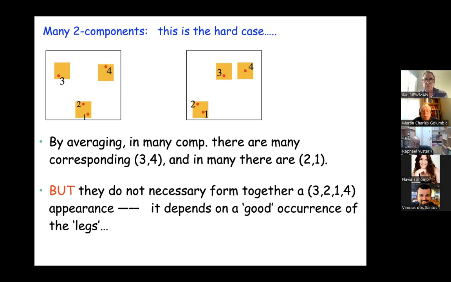We also need to know the partial assignment of the legs of the appearance in the boxes of the component. So that's the but here. The but says that these appearances do not necessarily form a 3, 2, 1, 4 appearance.